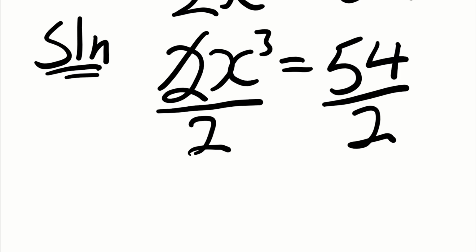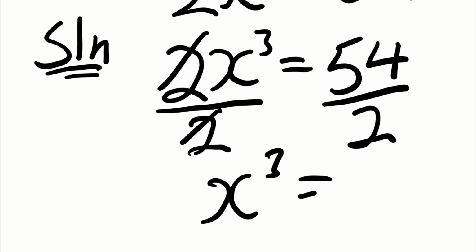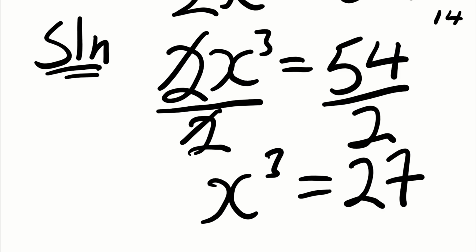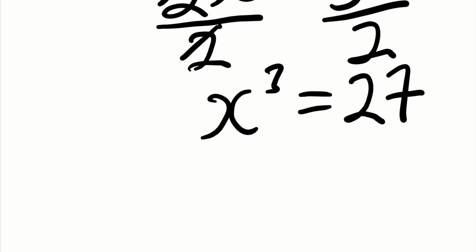If I do that, 2 is going to cancel that 2, and s cubed drops equals what? 54 divided by 2: 2 going into 5 is 2, remaining 1 out of 5, and adding that 1 to the 4 behind 5 gives 14. And 2 going into 14 is 7. Right? So we proceed.